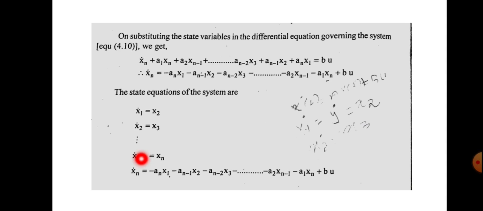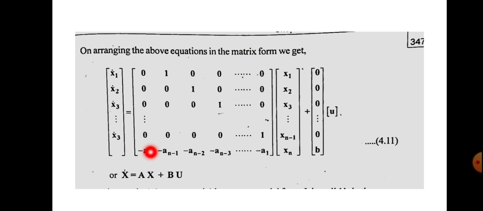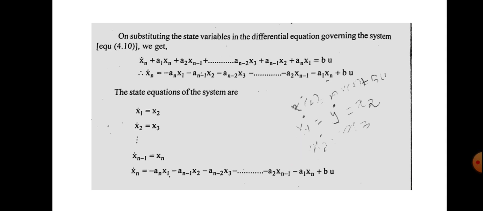But finally, when you go to the xn dot case, you will get different coefficients, minus an minus 1 etc. up to minus a1, and that will be multiplied by x1, x2 etc. up to xn, and that will be added with the quantity, you have the state variable form, that is x dot equal to A x of t plus B u of t.